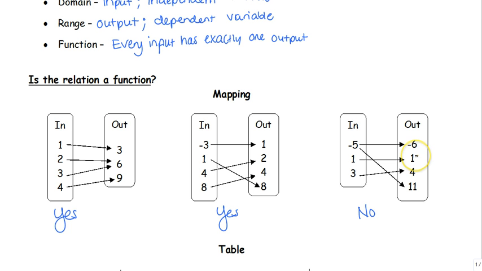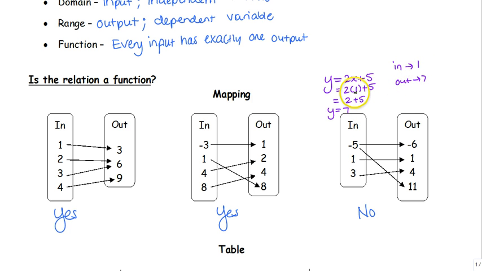So if I think about the equation, y equals 2x plus 5, if I put in a value of 1, no matter what I do, I should always get out a value of 7. So my in is 1, my out is 7.